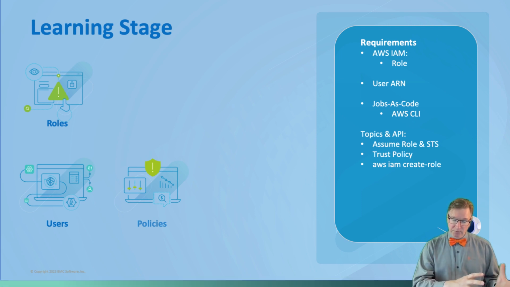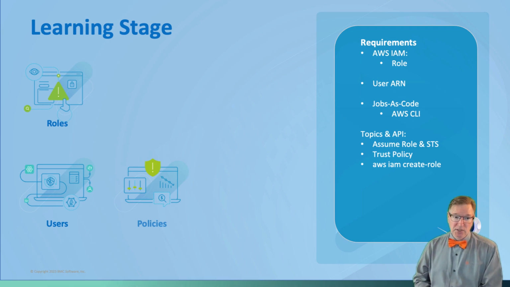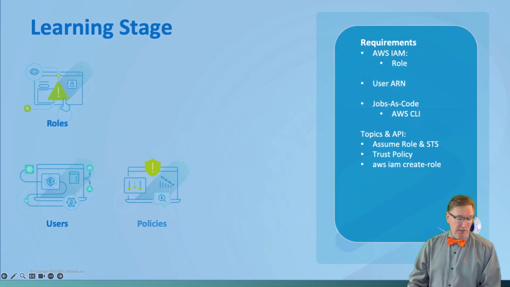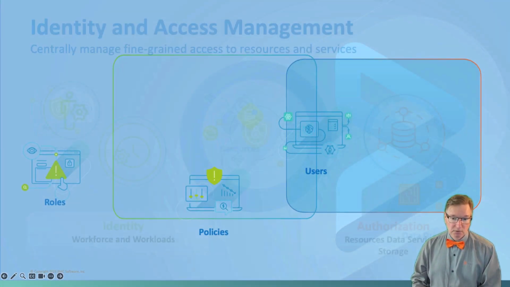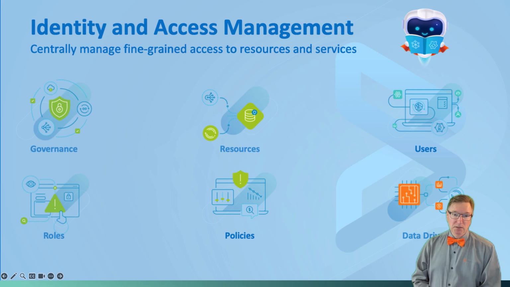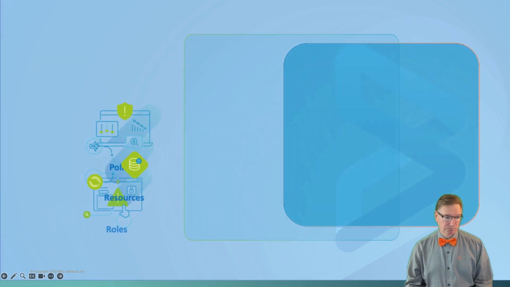In the other video regarding EC2, you can see how we had some additional information within our role, but here just keep it very simple. It's the ARN of the managed service account that goes in there. Having said that, you may pause the video and take a look at roles, how you create them via the web or via the API. But next we are going to touch on policies.